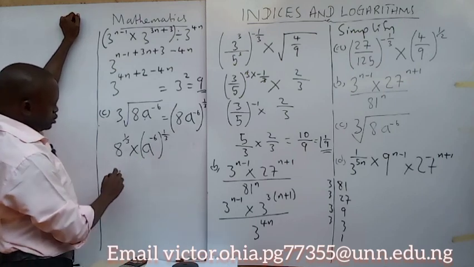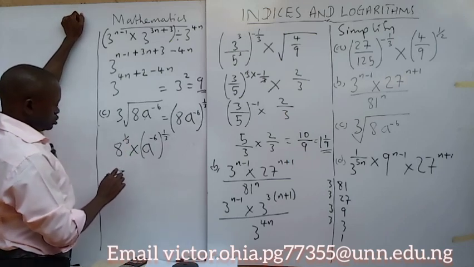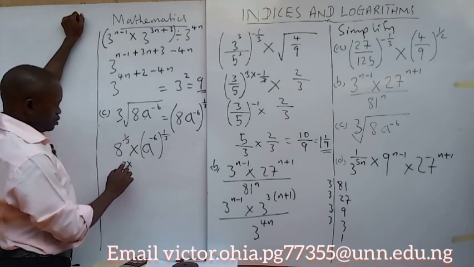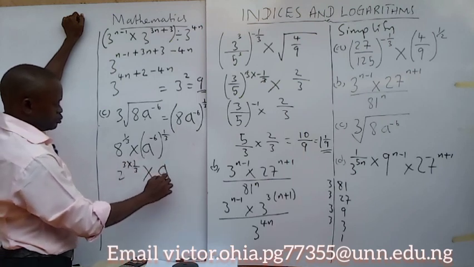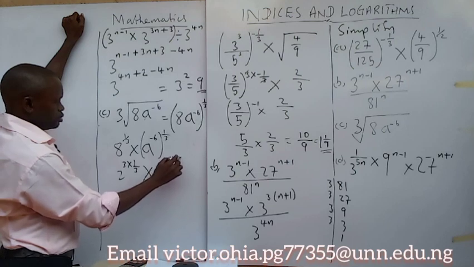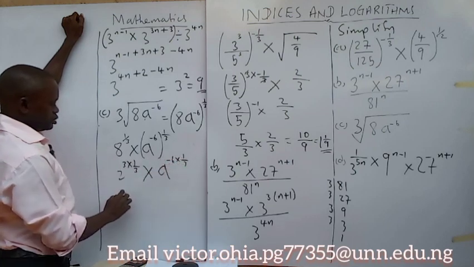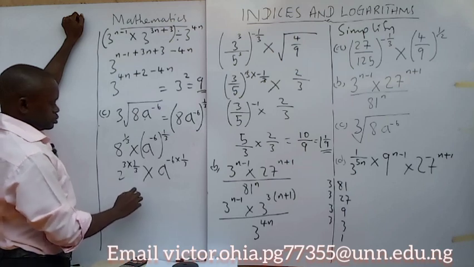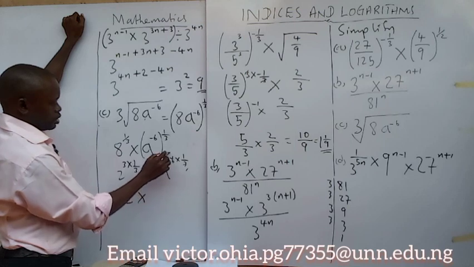So here, this is 2. I'm just trying to be detailed. So this is 2 raised to the power 3, multiplying 1 over 3. Then times a raised to the power minus 6, multiplying 1 over 3. So you see that here, what is remaining is just 2. Times here, 3 cancels 3, 1 cancels here, minus 2.